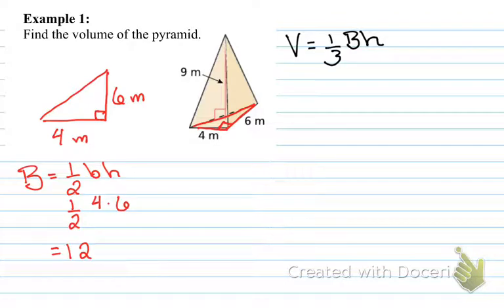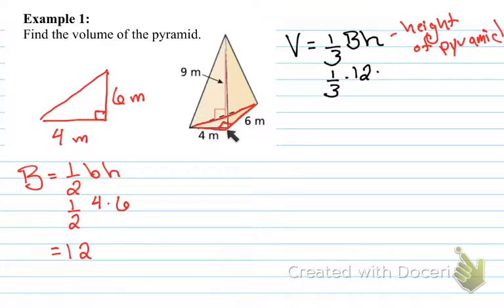So now I'm just going to plug this over into here for my big B. So we have 1/3 big B, which is 12, times my height. Again, remember this height right here is the height of the pyramid. It's that straight up and down perpendicular height.